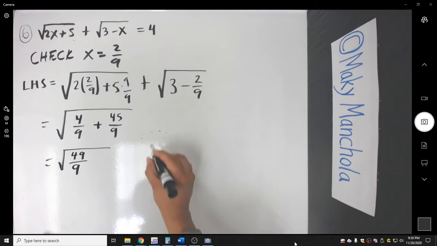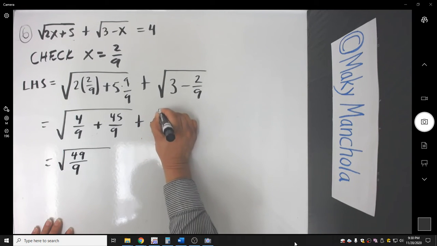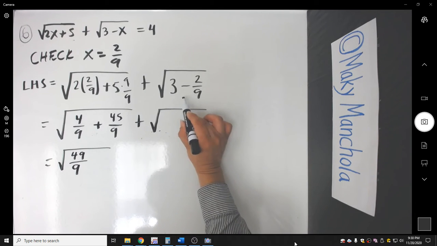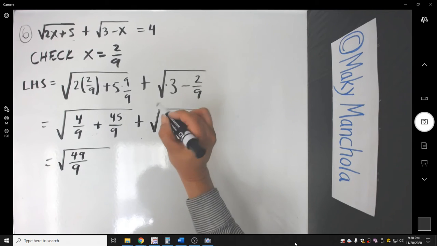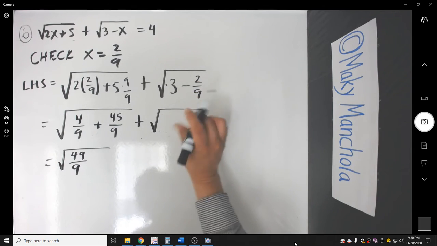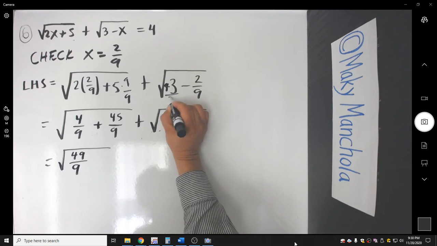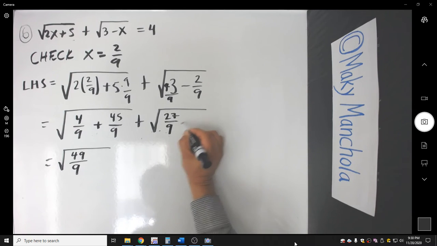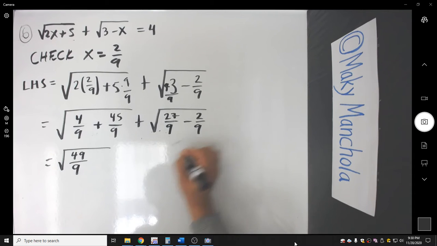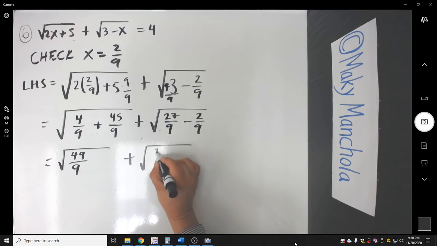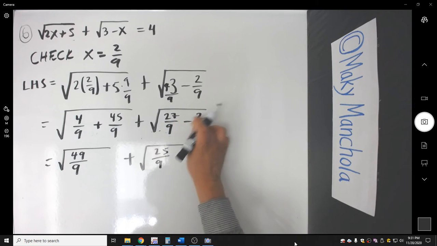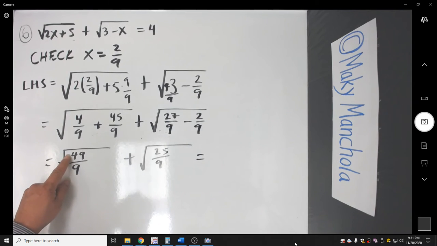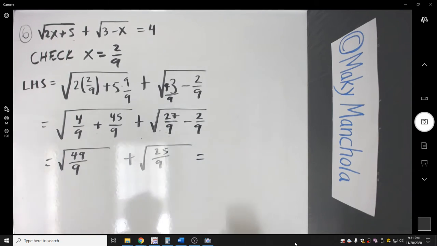Okay, let's go and deal with the second term. Plus, here we're subtracting 2 over 9 from 3. I need fractions to have the same denominator, so I'm going to make 3 a fraction whose denominator is 9. So I multiply by 9 over 9. 9 times 3 becomes 27. Now over 9, minus 2 over 9. The result from that is 25 over 9, because 27 minus 2 is 25. Now, the result. The square root of 49 in the numerator is 7.